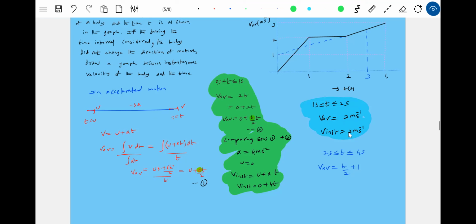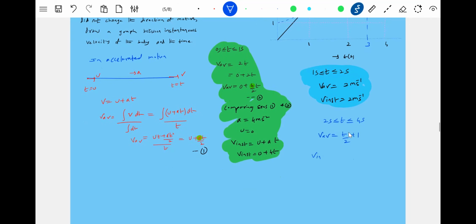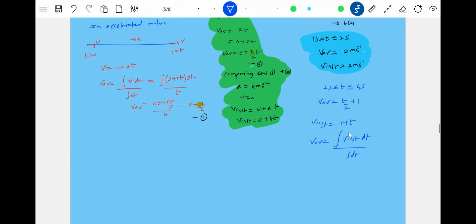So what equation of instantaneous velocity should we assume so that the average velocity will be a function of time of this nature? We have to make a reverse guess. So I'll start with, let initial velocity be 1 plus 2t. Let me cross check. Okay, this will be t plus t square by 2, divided by t.